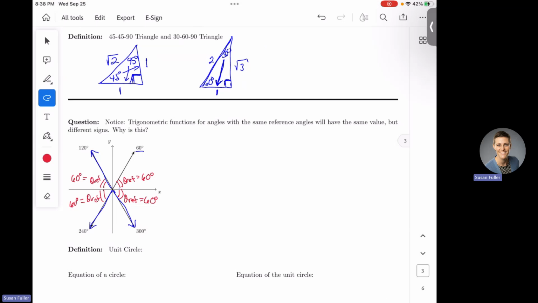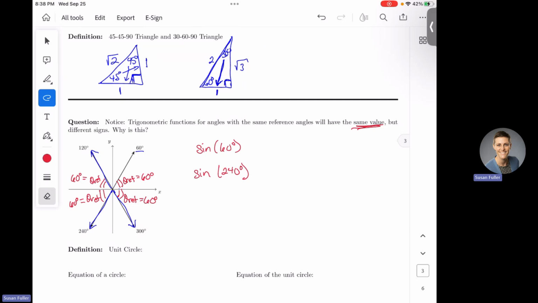And so basically, when that happens, whether I'm doing the sine of 60 degrees or the sine of, let's say, 240 degrees, these two values will have the same number value, but they might differ in sign. One of them might be positive and the other might be negative.